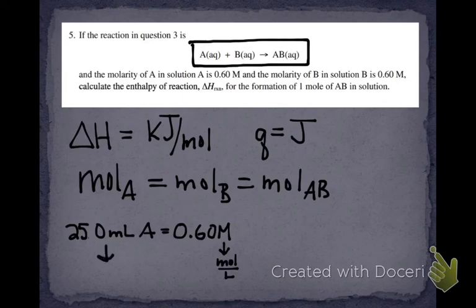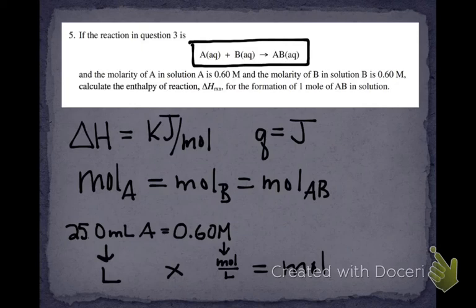You have to convert this to liters before you can use it, and then just multiply it by the molarity. That's going to give us the moles. If I calculate it for A, that means that the moles are equal in B. So whatever I calculate for A is going to be equal for B and also equal for AB.